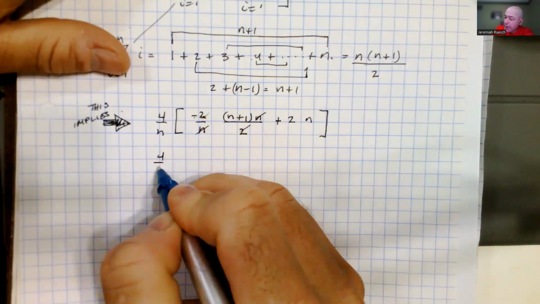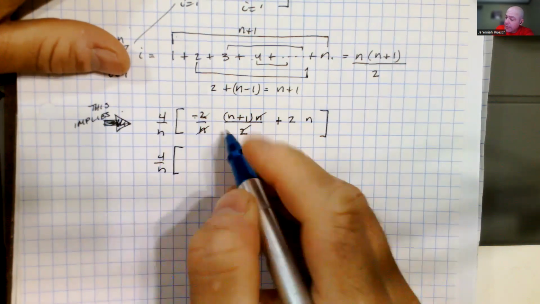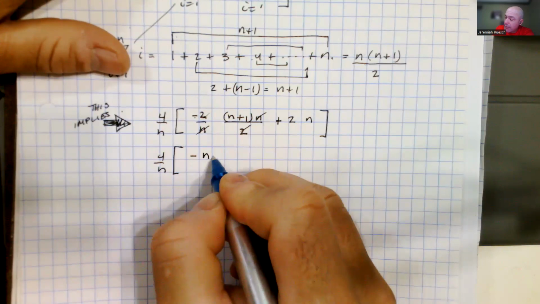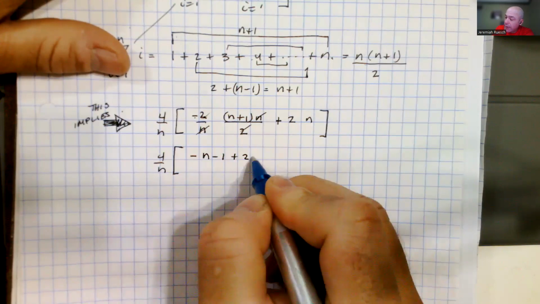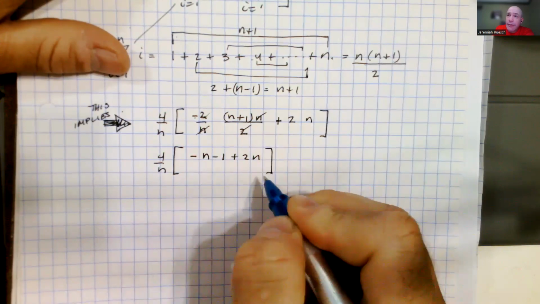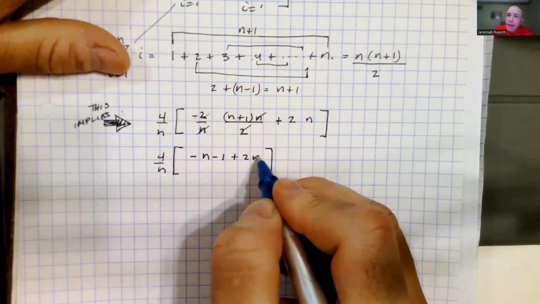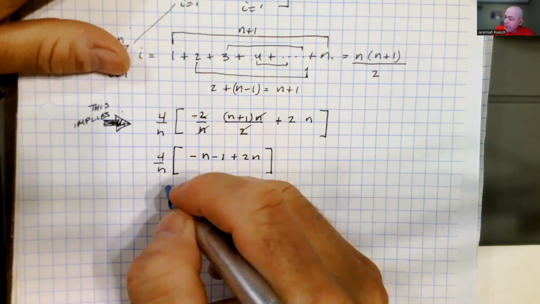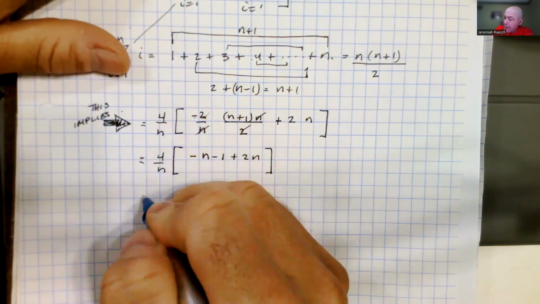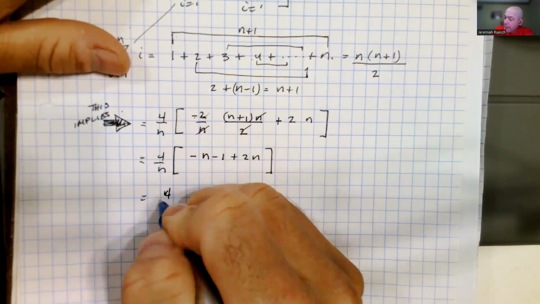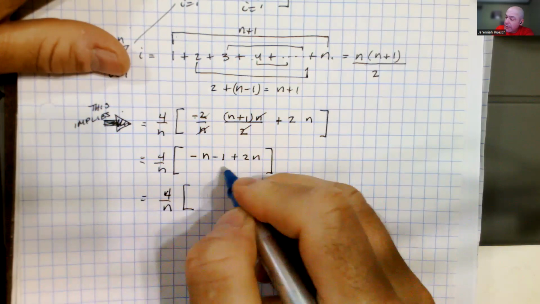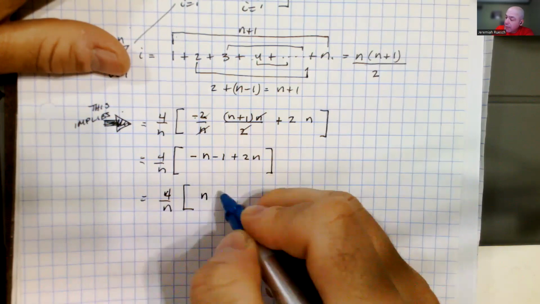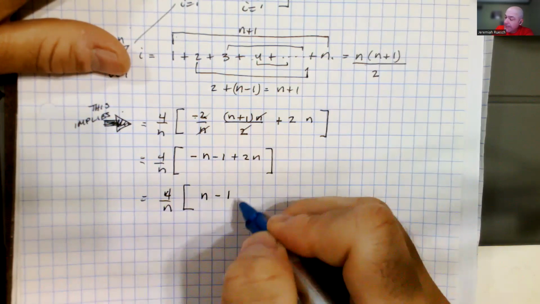Okay, and I'm going to keep the 4 over n out in front. So this becomes negative n minus 1 plus 2n. So it simplifies quite a bit. And then I have 2n minus n. So that means that this is going to simplify very nicely to n. It looks like minus 1.